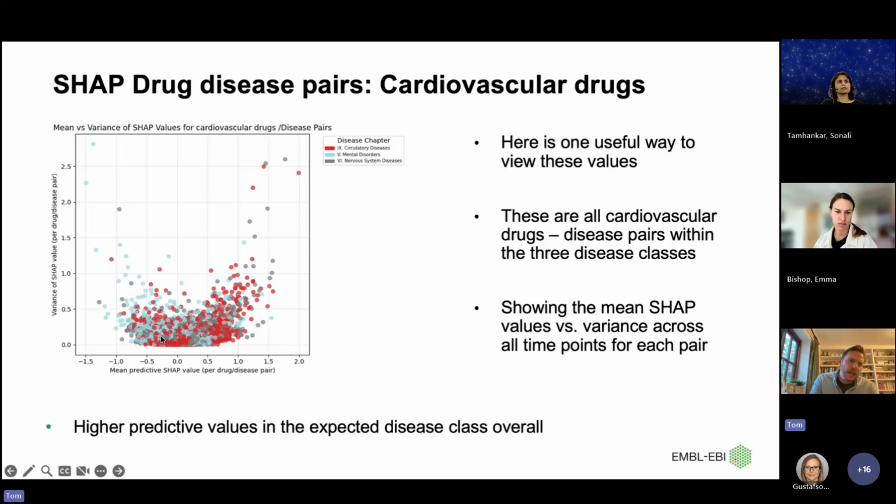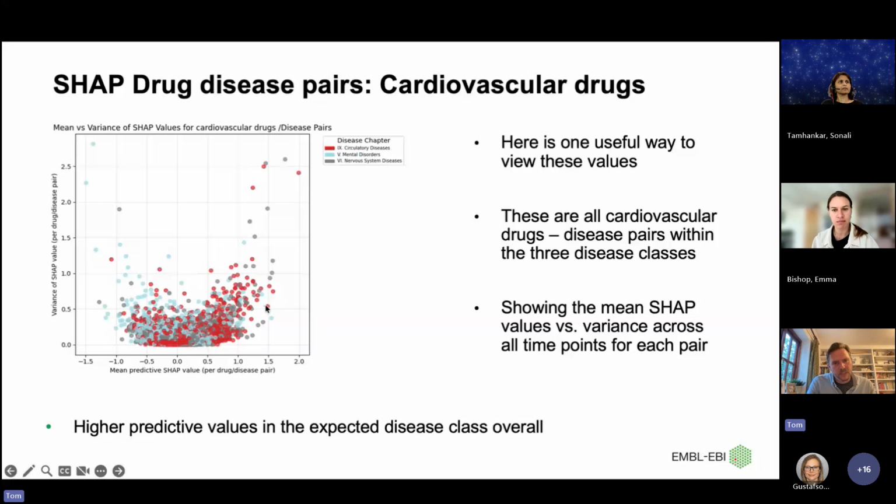So essentially what you're asking is, which cardiovascular drug increases the predictability of a cardiovascular disease, those shown in red, versus the other conditions. And here I've just shown mental health disorders and nervous system.